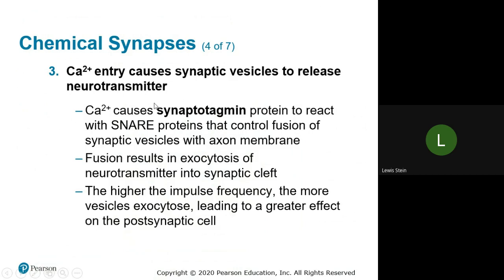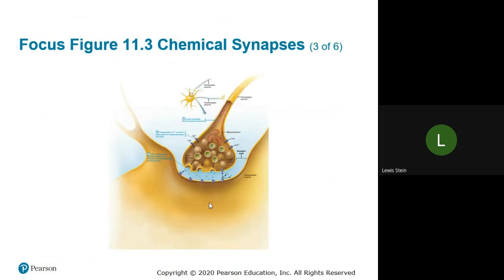Calcium entry causes synaptotagmin to react with the SNARE proteins, fusing them. The higher the impulse frequency, the more vesicles exocytose, leading to a greater effect on the postsynaptic cell. Again, frequency dictates the amount and the continuous nature of the release of the neurotransmitter, whatever it is for that particular circuit.